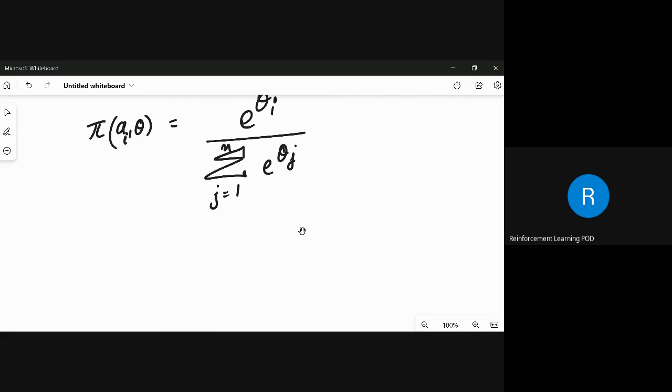Now let me derive the formula for the derivative then.